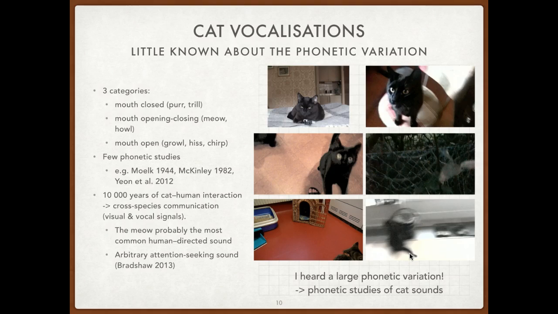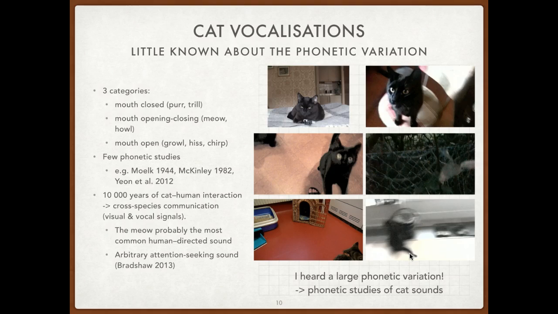It's not surprising that cats use sounds when they communicate with us. The cat was domesticated over 10,000 years ago, and we've lived together ever since, and we've learned how to communicate using both visual and vocal signals.